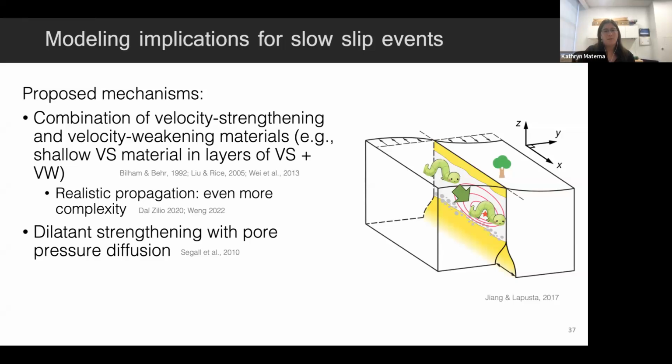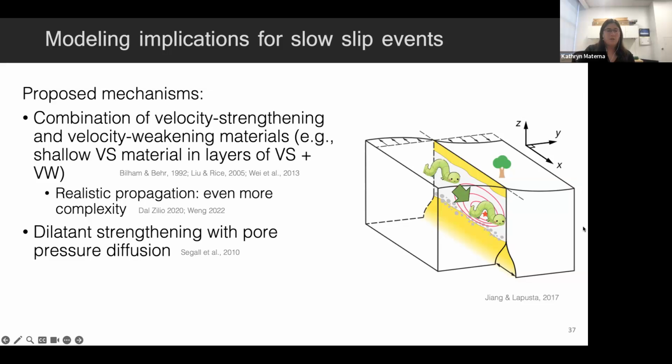Often these models are sort of one-dimensional, and to produce propagation, such as what we see in this study, propagation that is burst-like or intermittent in space and time, like this little inchworm, to create that realistic propagation, recent studies have added even more complexity to the system in order to get the slip events to propagate along strike.